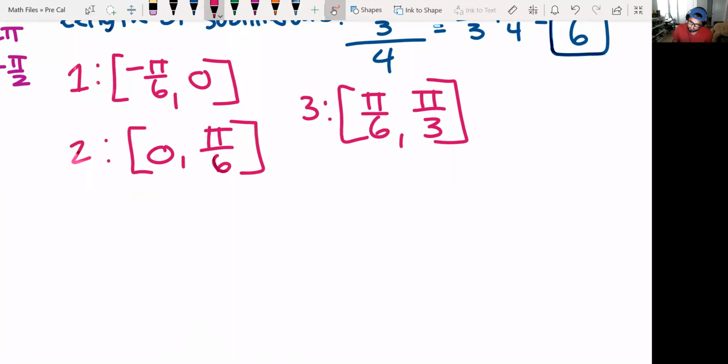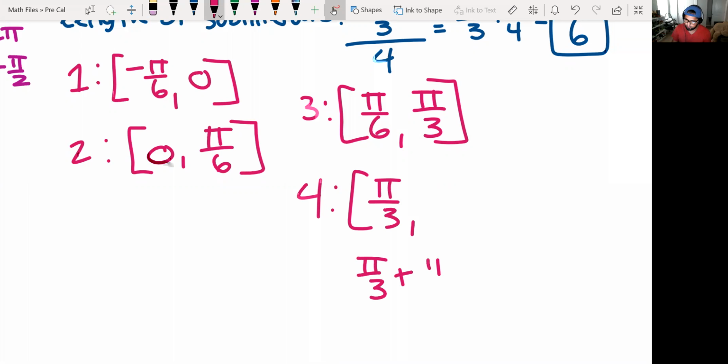And then subinterval 4. For the fourth subinterval, you start with pi over 3, and you add another pi over 6. And then you get a common denominator of 6, which will give you 2 pi over 6 plus pi over 6, which gives you 3 pi over 6, which gives you pi over 2.